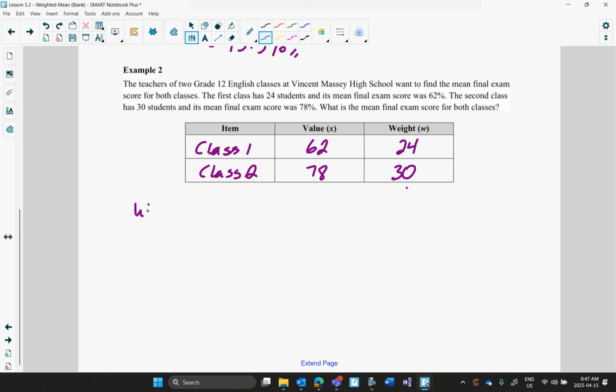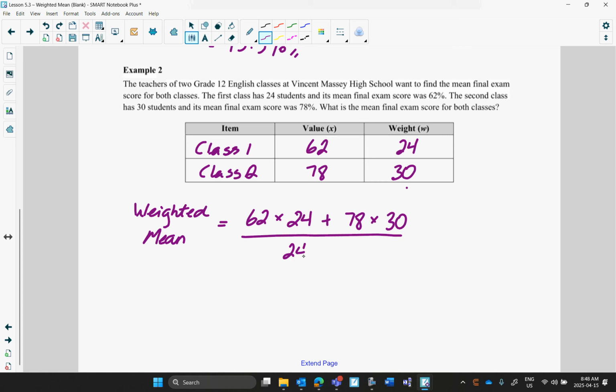So the weighted mean, again, you're just using the formula. It's going to be data value times weight of the first class plus data value times weight of the second class, divided by 24 plus 30, the sum of both classes' number of students.